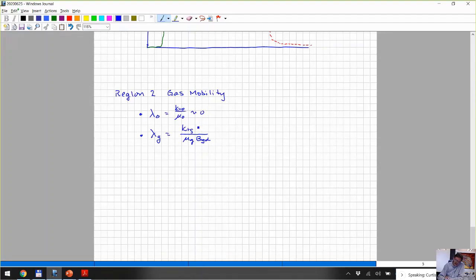And so the question is, we need this as a function of pressure, right? And the denominator terms are easy to get as a function of pressure. So the question is, how do we get KRG in region 2 as a function of pressure?